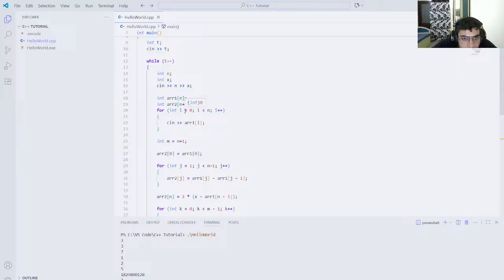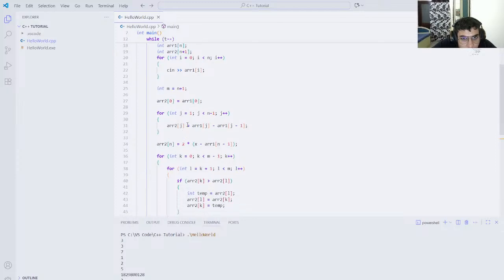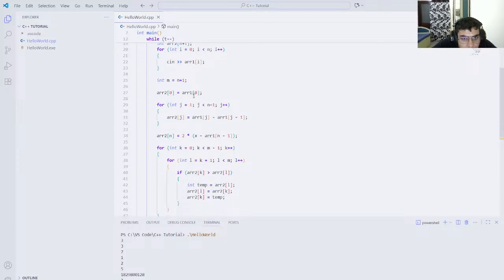This is 3, this is 4. Okay. So it will run from 0, 1, 2. It has taken this 1, 2, and 5. Then plus 1. Okay. And I have done ARR2 0 is equal to ARR1 0. So it should be 1.